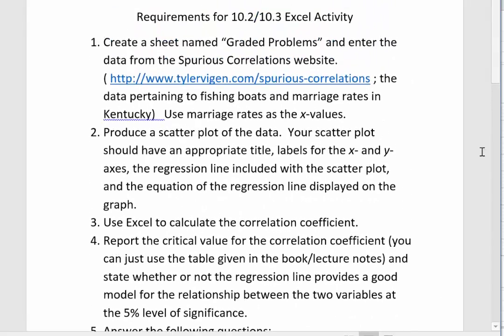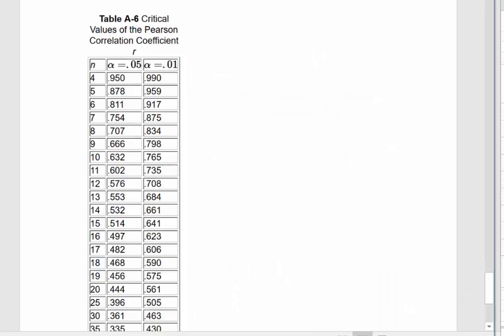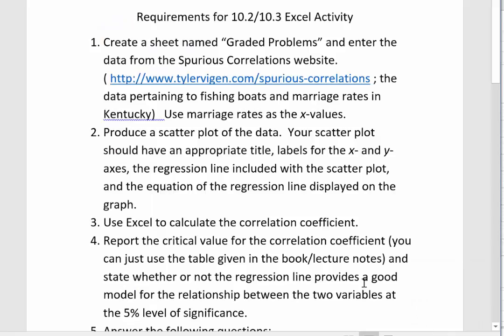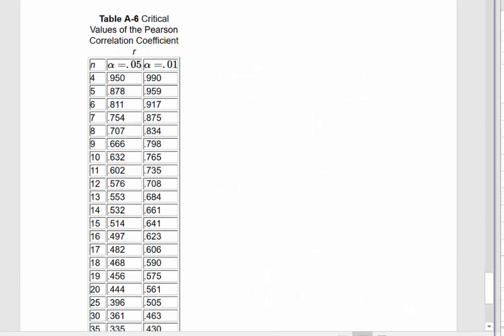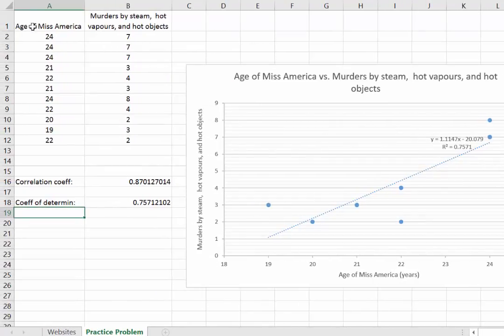And I think that was in the lecture notes. So 10.2 lecture notes. The last page of the 10.2 lecture notes gives that table. And I think I say 95 or 5% level of significance. So what was our sample size? For this problem, I had 11, right? Because I go down to row 12, but row 1 is the heading.